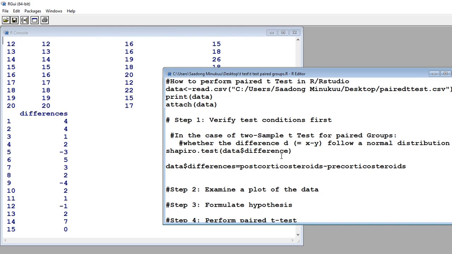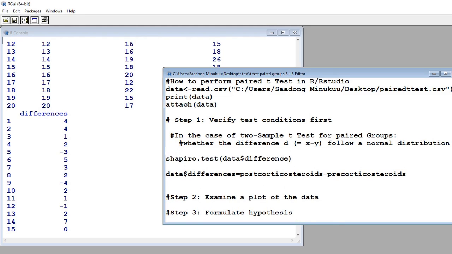Now, performing the Shapiro-Wilk test, you would need a package called car, like the car that you drive, CAR. So you simply say install.packages into brackets, into quotations, then you write CAR to install your package car. I've already installed it, so I don't need to repeat the process.